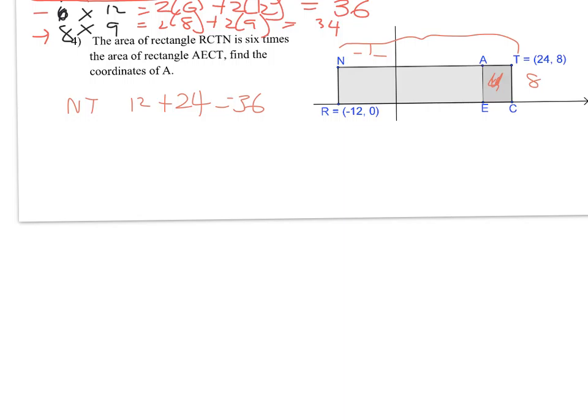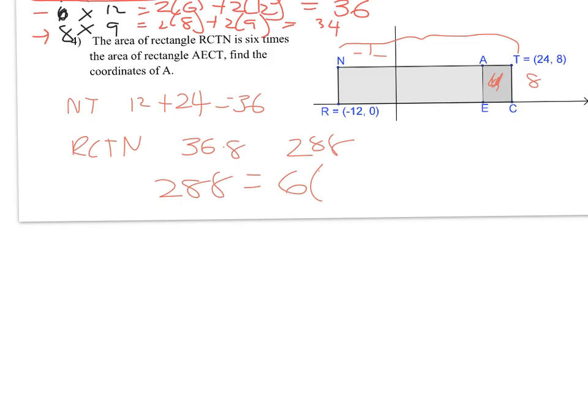So the big rectangle, RCTN, is 36 times 8, which is 288.